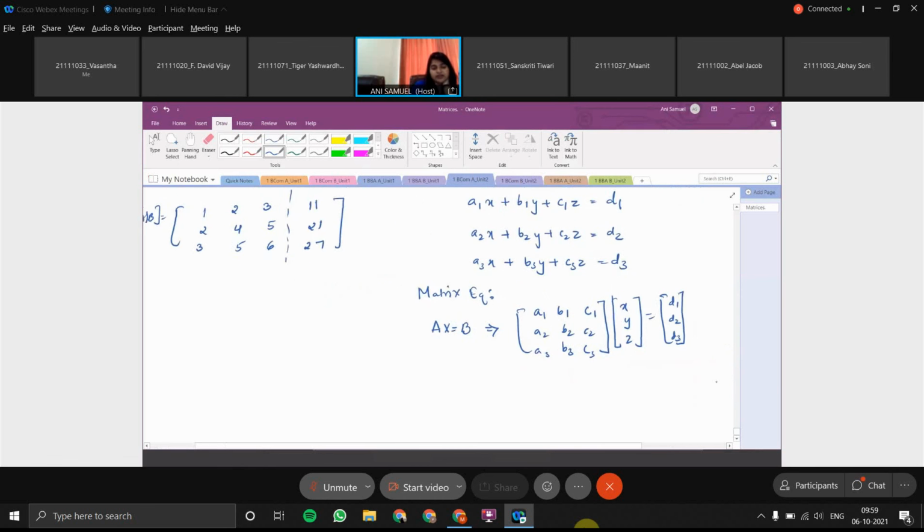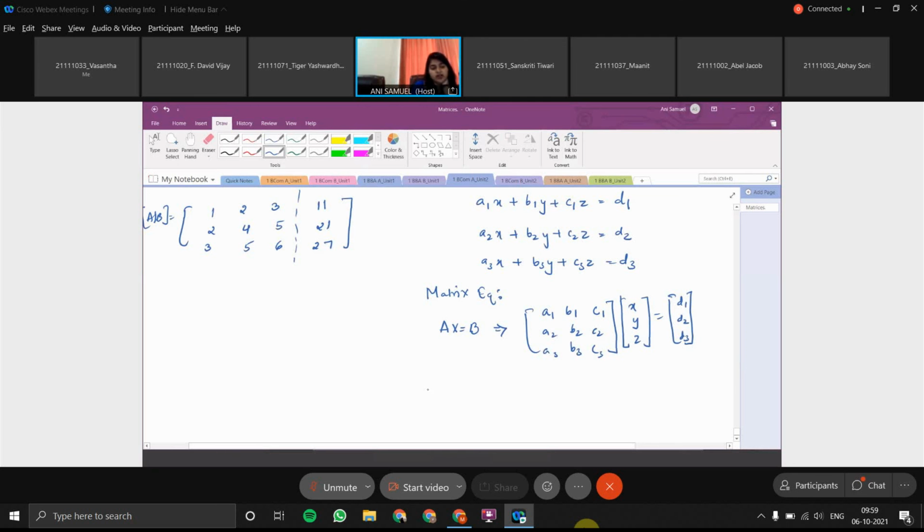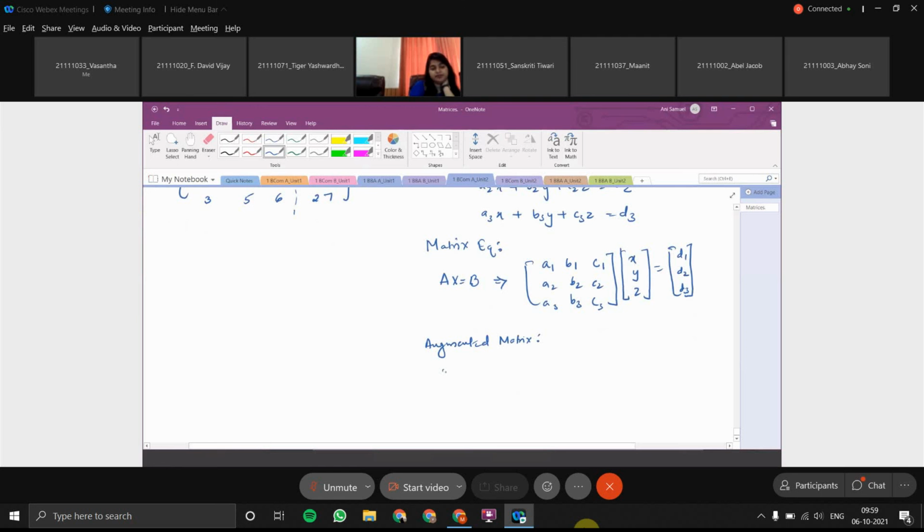After you have done this, you will be writing the augmented matrix to do the transformations. Then what you have to do is clear.